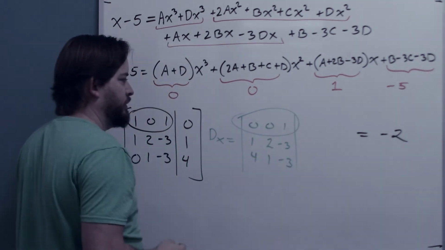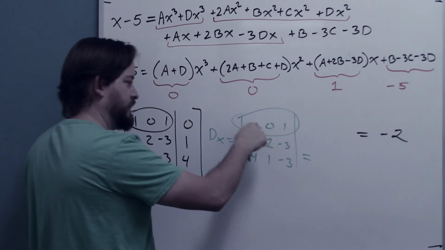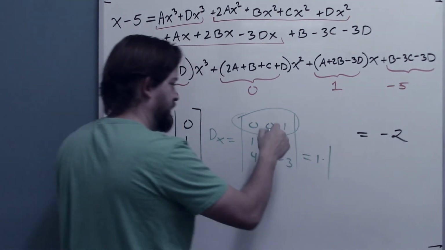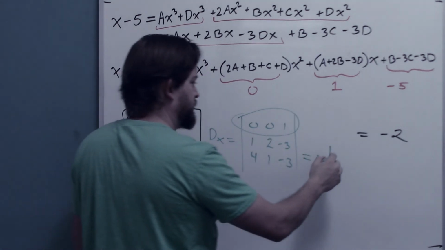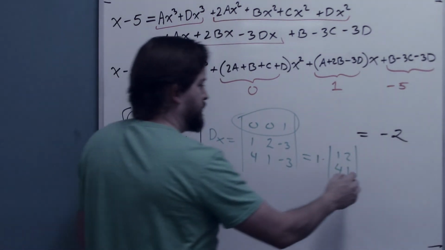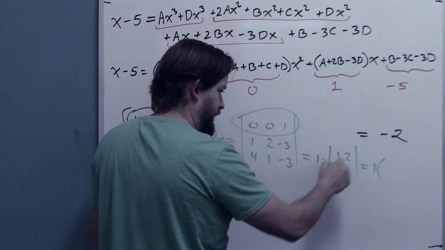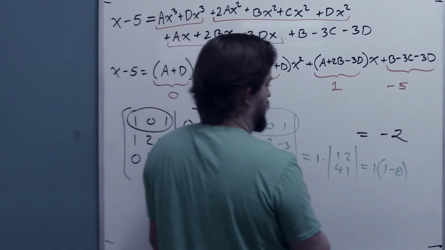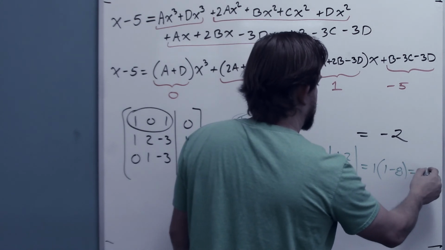Go on that row, and your dx is simply 0 times who cares minus 0 times who cares plus 1 times 1, 1, 4, 2. Sorry, went out of order with that right there, right? But that's just 1 multiplied by 1 minus 8. 1 minus 8 is negative, oh, are you serious? It's -7.